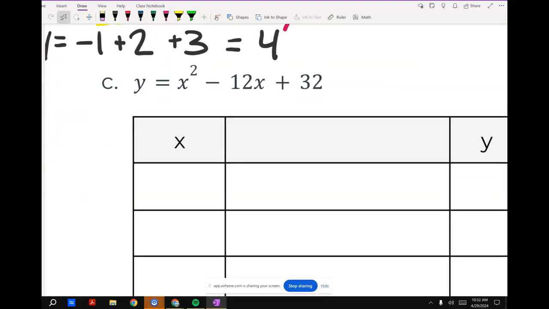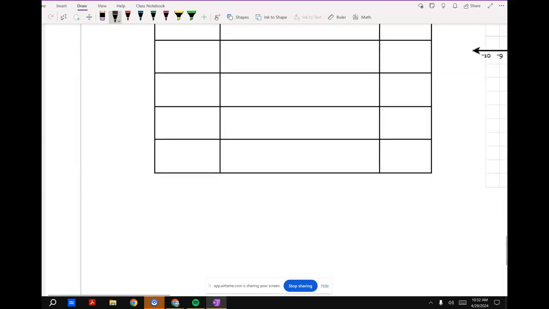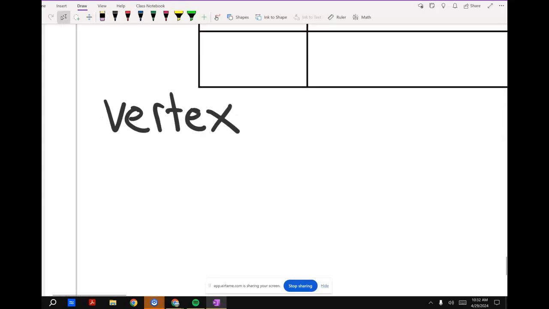So looking at example C, the last one on that page, our A value is back to being positive. It's a positive 1. Our B value is still negative. It's negative 12, having awareness of that. Now let's find our vertex. We could say x is negative b over 2a.